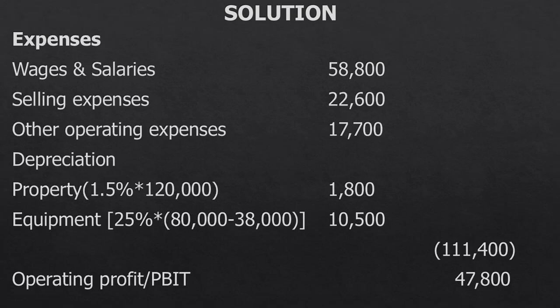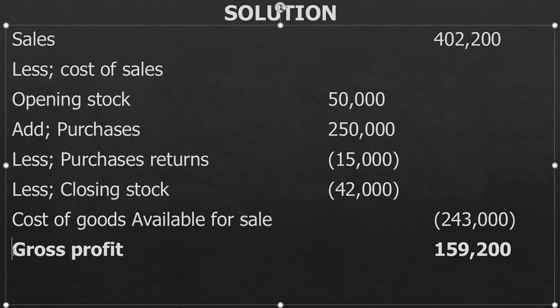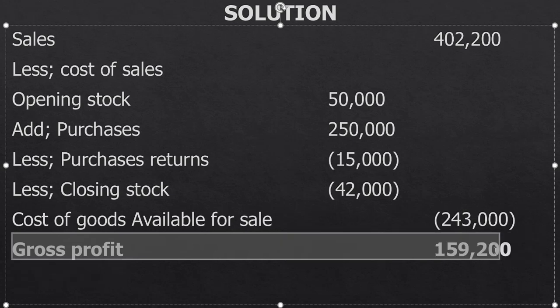You can see now that it is showing the financial performance by getting all the incomes, the sales, and what they incurred as cost of sales. Here you can see that we got the gross profit.